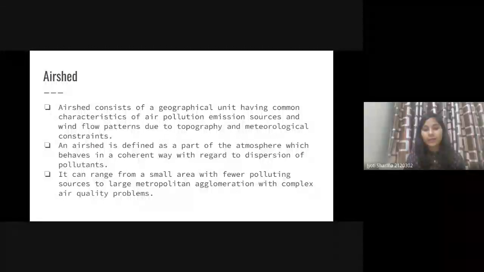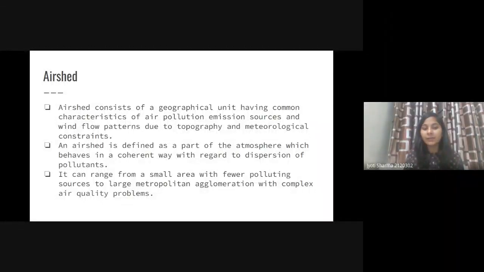So here we have the common characteristics of the wind flow pattern, and it may be due to topography or meteorological constraints. So we can define this airshed as a part of the atmosphere which behaves in a coherent way with regard to dispersion of pollutant.